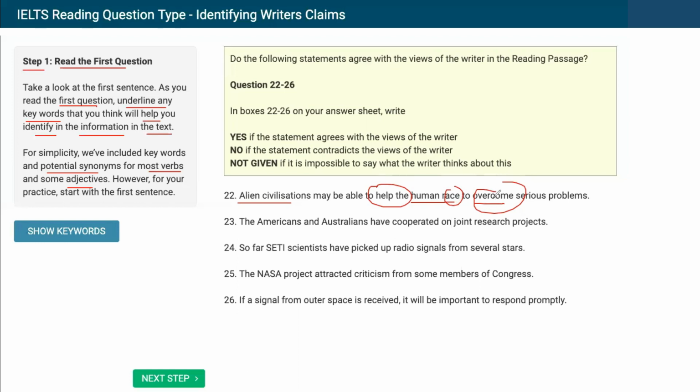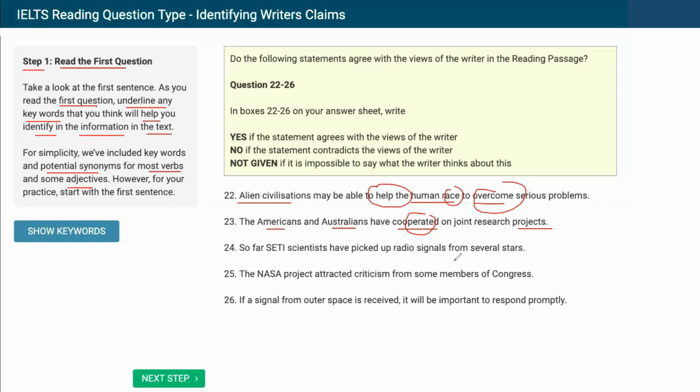Okay, number 23. The Americans and Australians have cooperated on joint research projects. So I would say here, Americans, Australians, cooperated, and projects. These are good keywords. And then for synonyms, perhaps instead of cooperated, you could say work together. So Americans and Australians have worked together on joint research projects. All right, number 24.